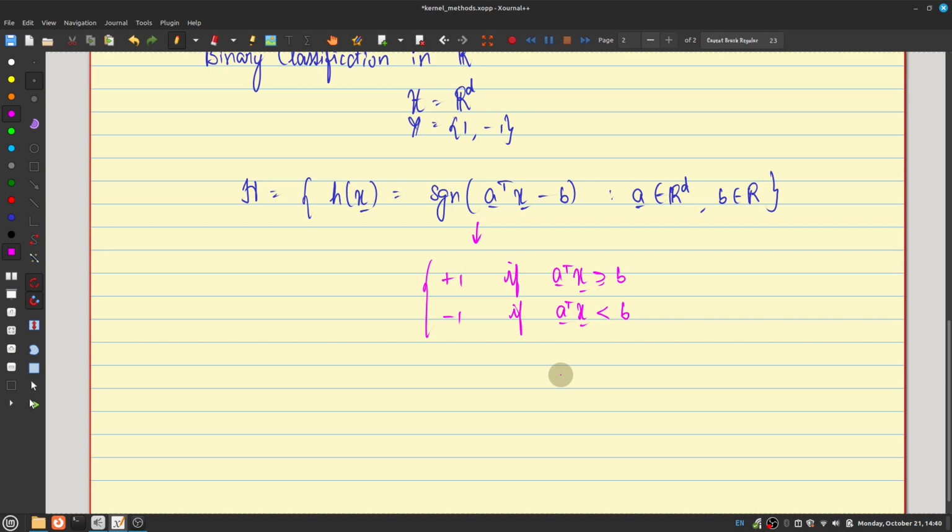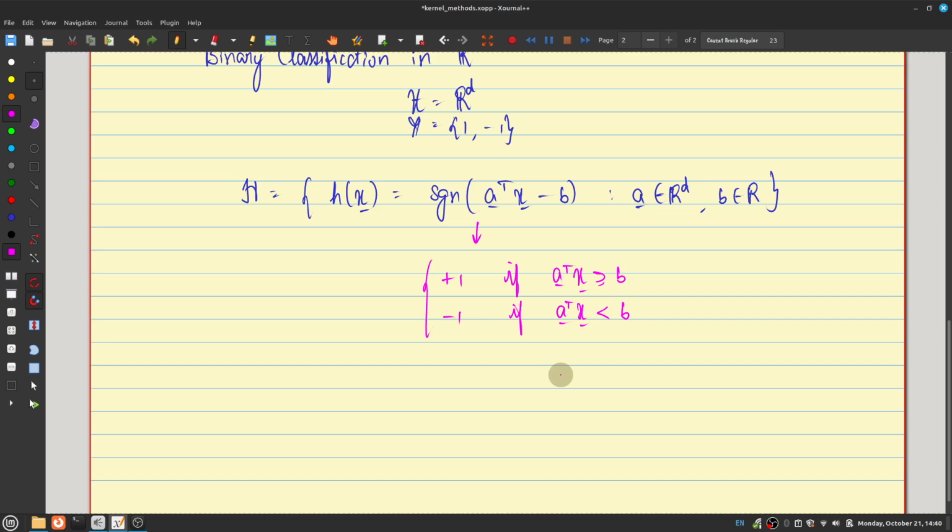All right. So first, it's a binary classification problem. What is the VC dimension of this class? So it depends on what dimension you are living in.